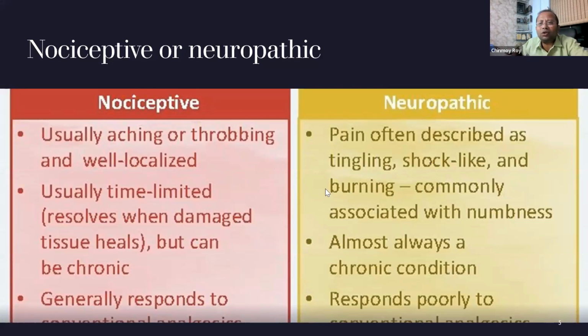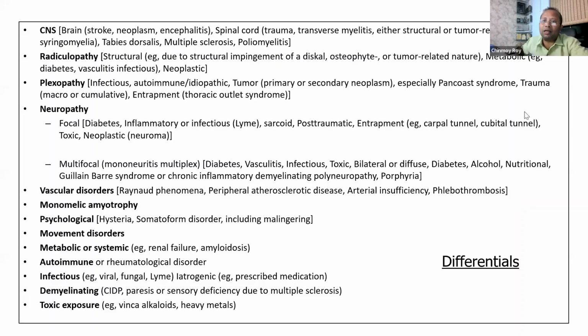So it is always localized, and you know the structure which is causing the pain, and it is usually time limited. Nociceptive pain usually decreases over time, whereas neuropathic pain with time will increase. Nociceptive pain generally responds to conventional analgesics. Neuropathic pain doesn't respond to conventional analgesics.